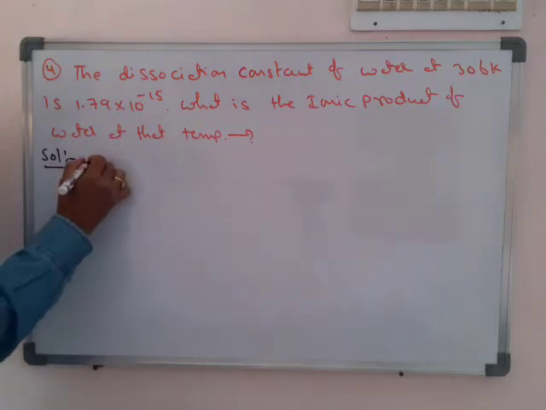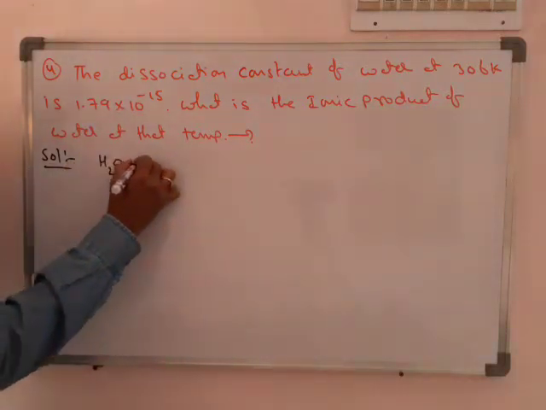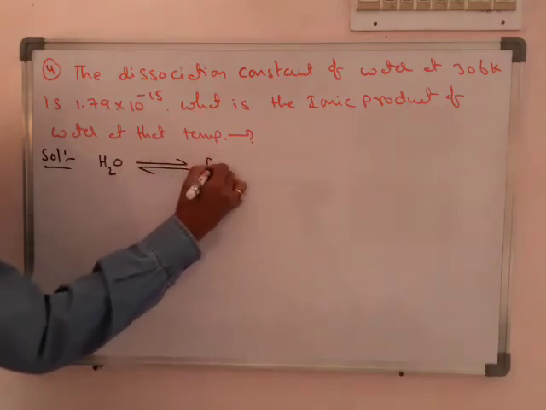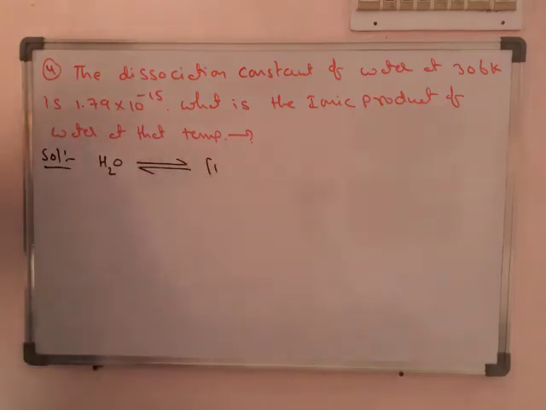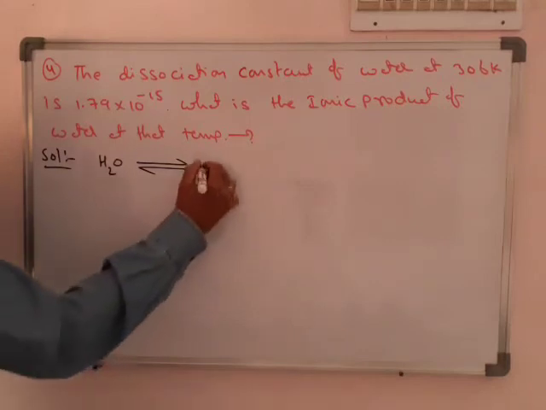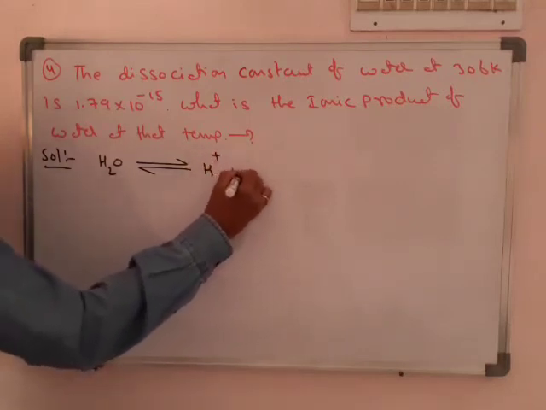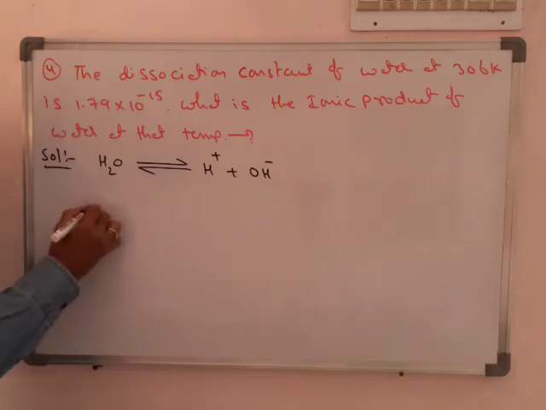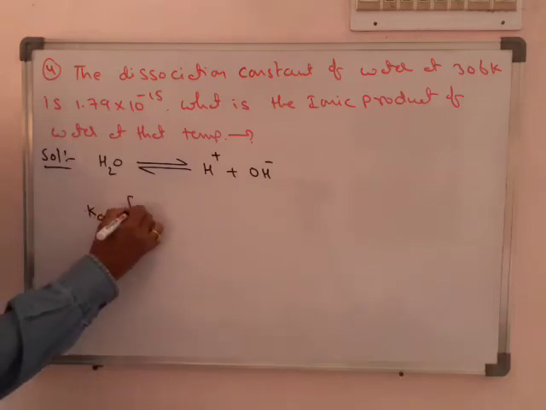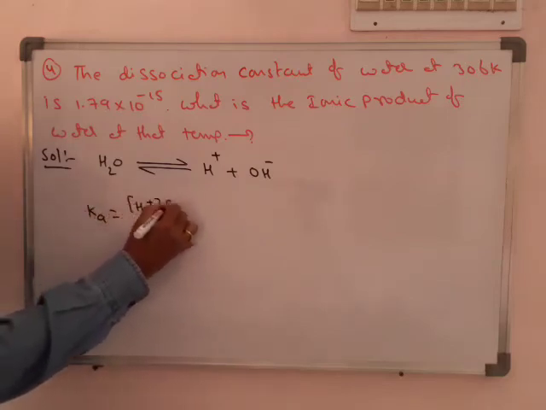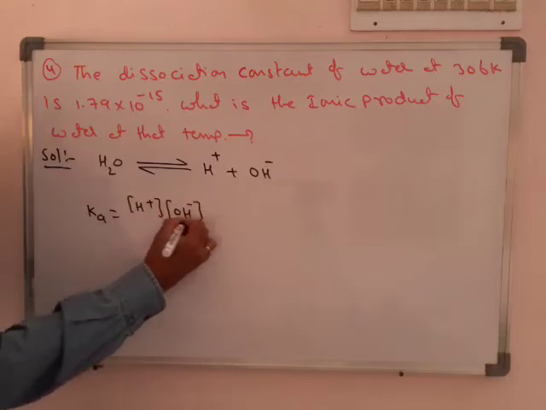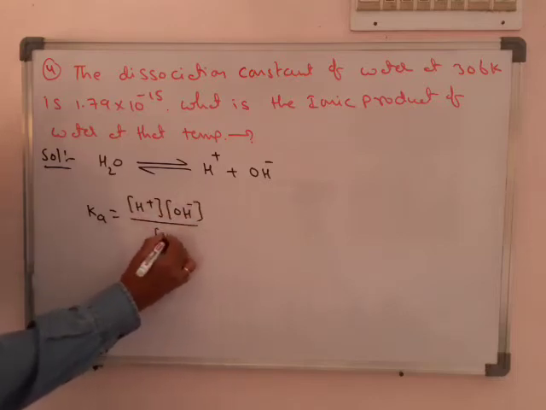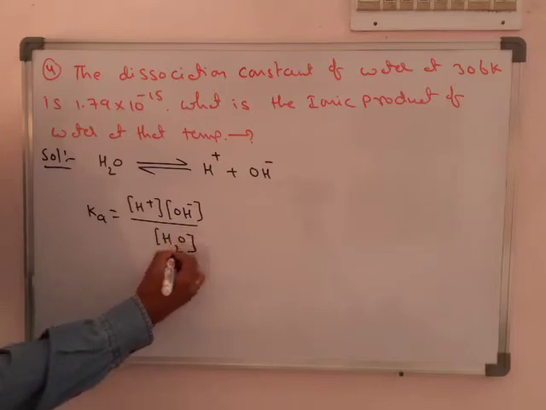Okay, the dissociation constant of water. So we know the water reaction, H2O is in equilibrium with H plus and OH minus. We can write the equilibrium constant K is equal to H plus into OH minus by H2O concentration.